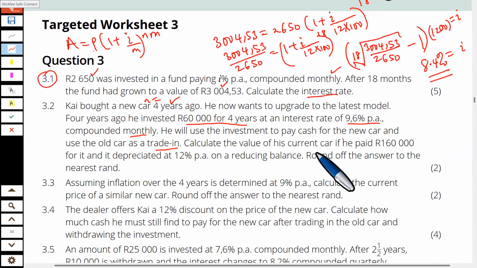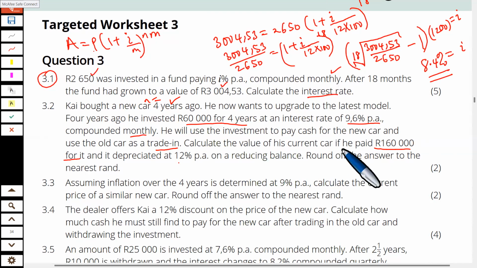Calculate the value of his current car. Now, this is what you need. It's not just the whole story, but it's what we want, so you should not be confused by too many things. Calculate the value of his current car if he paid 160,000 for it and it depreciated at 12% on a reducing balance, rounding off the answer to the nearest rand. What are we supposed to do?